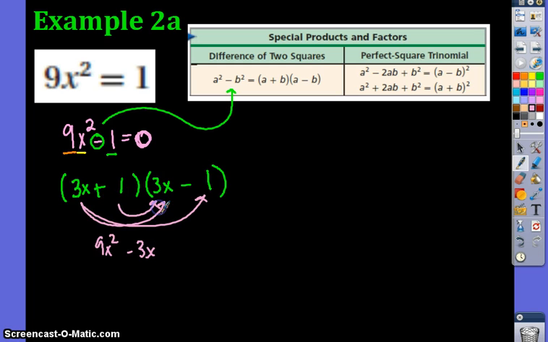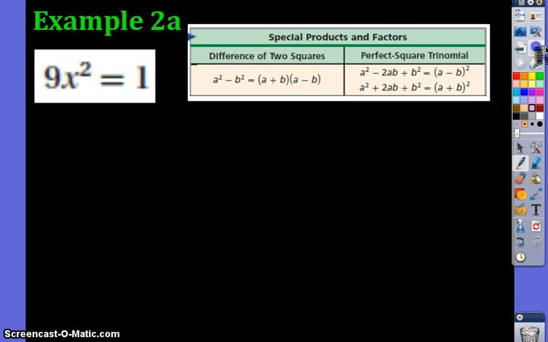Here's a positive 3x. And here's a minus 1. Of course, the positive and the negative 3x's cancel out, leaving us with 9x squared minus 1. So again, it pays to pay attention to help you factor these things. You can notice, hey, this is the difference of two squares, so I can apply that here.